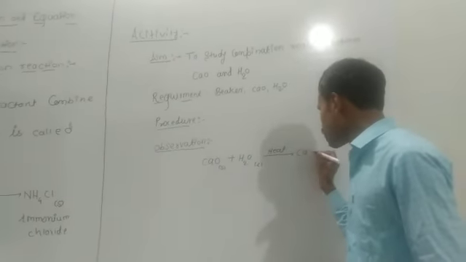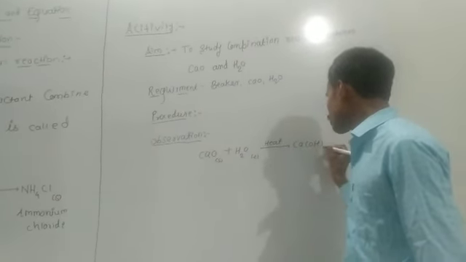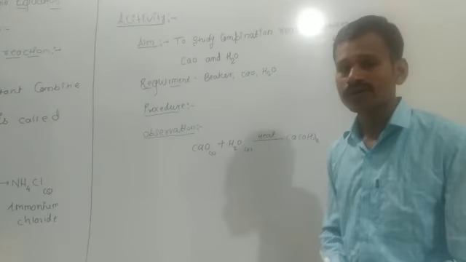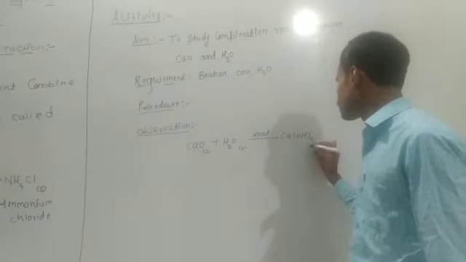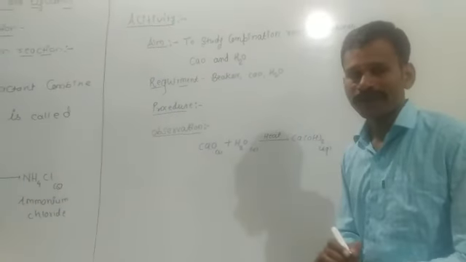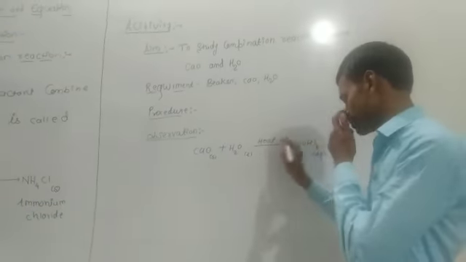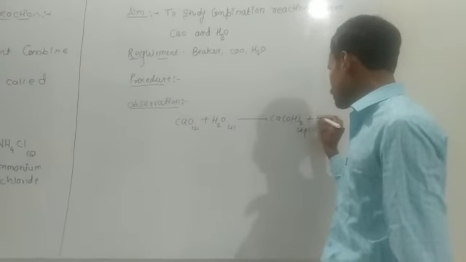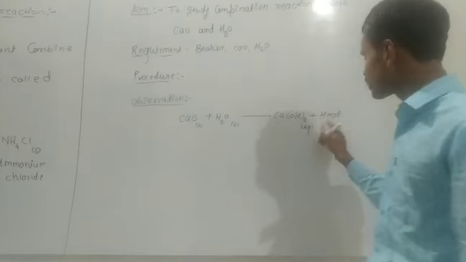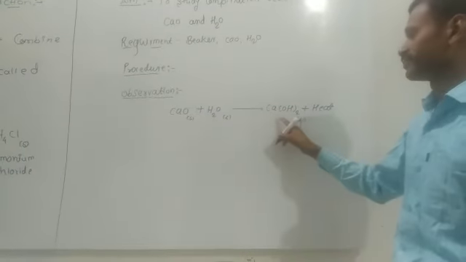So then it forms Ca(OH)2, calcium hydroxide, and this calcium hydroxide is in the aqueous form. The aq symbol is used. Heat is released, that's why heat is represented here.